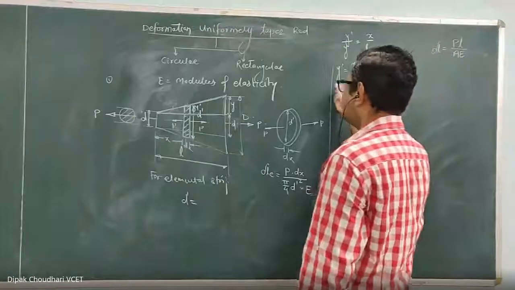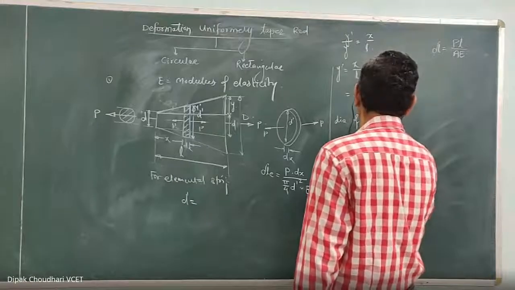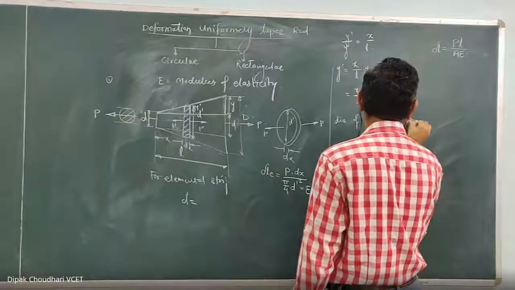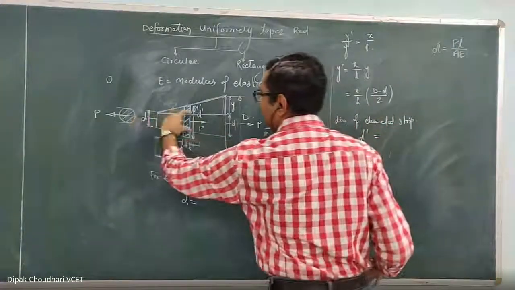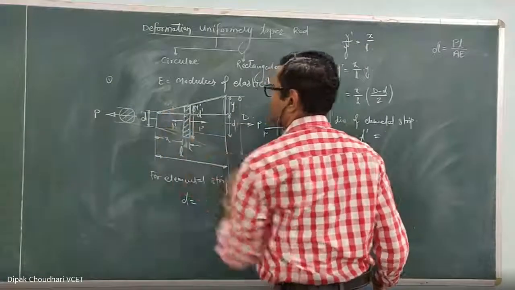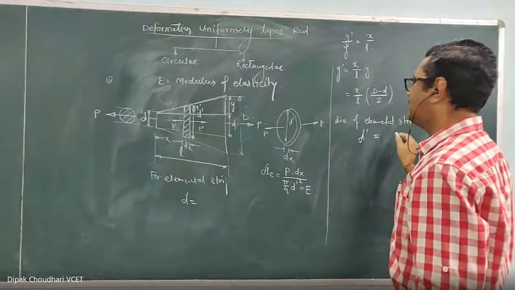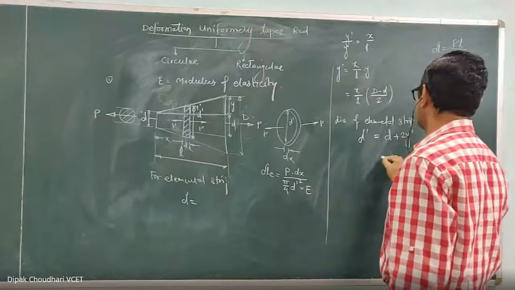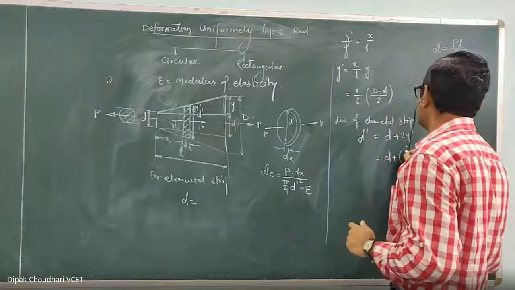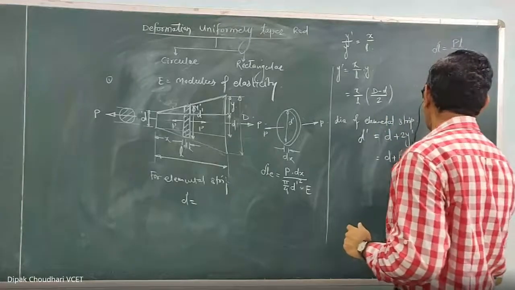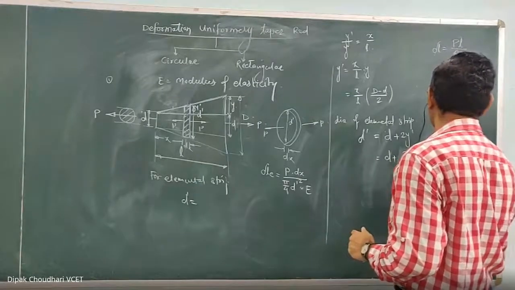Now this is the diameter of the elemental strip, which we denote by D dash. So D dash equals small d plus 2Y dash, that is, the small diameter at the smaller end plus 2Y dash, which is 2X upon L into (D minus d) upon 2.